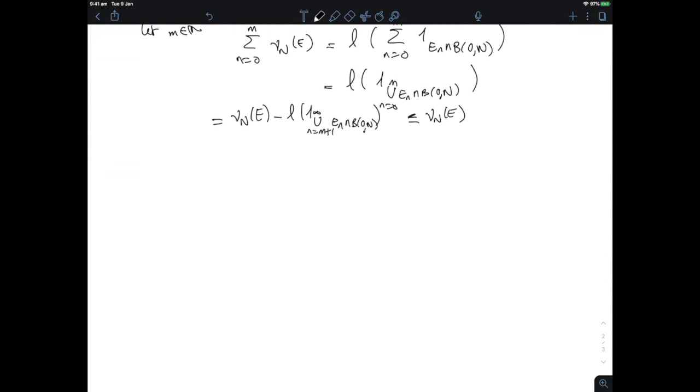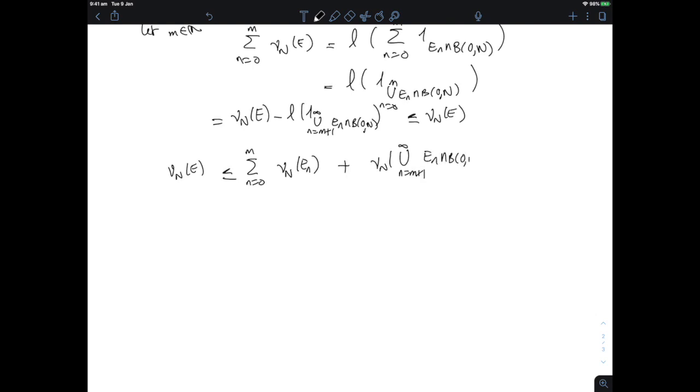Going the other way, we have that nu n of E is certainly smaller than the sum from n equals 0 to m of nu n of E_n, by disjointness, plus nu n of this union starting at m plus 1.